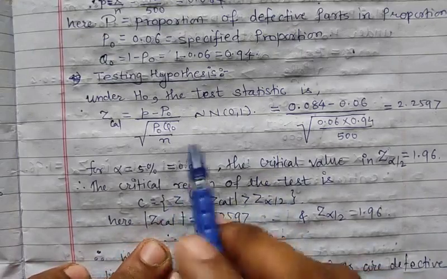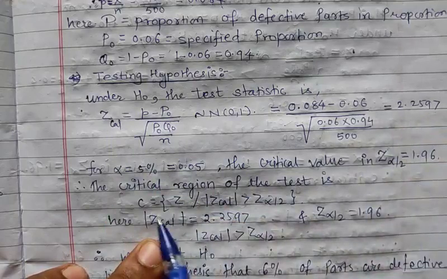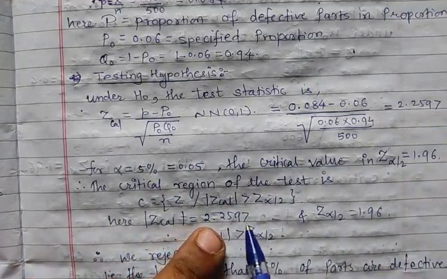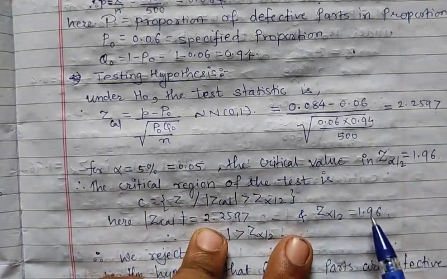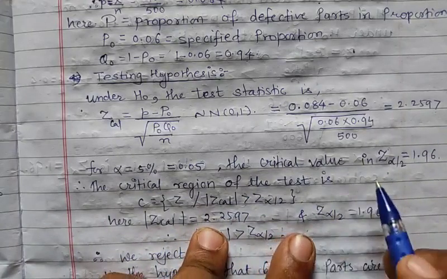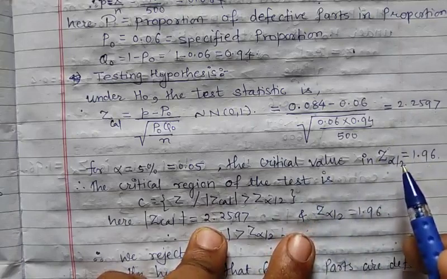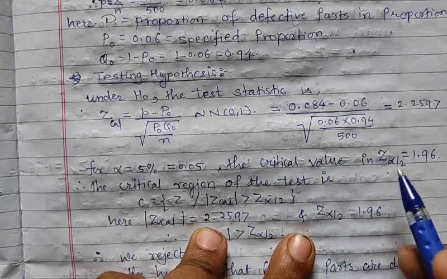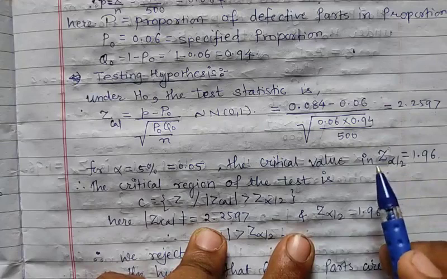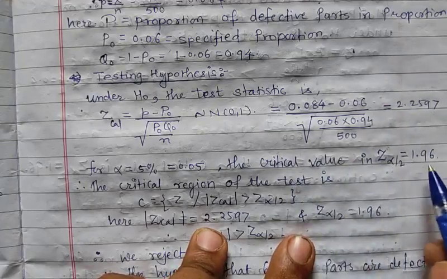Now the absolute value of Z calculation is 2.2597, and the value of Z alpha by 2 is 1.96. This is taken from the statistical table, or the value is given. If alpha is 1%, 5% or 10%, the respective values of Z alpha and Z alpha by 2 are given. Here Z alpha by 2 for 5% level of significance is 1.96.